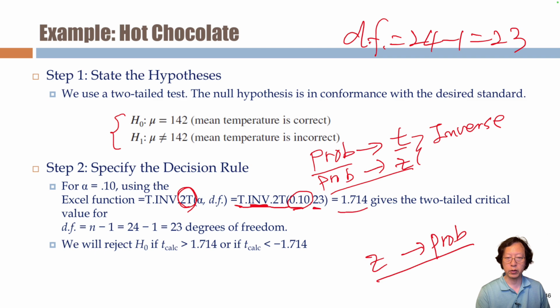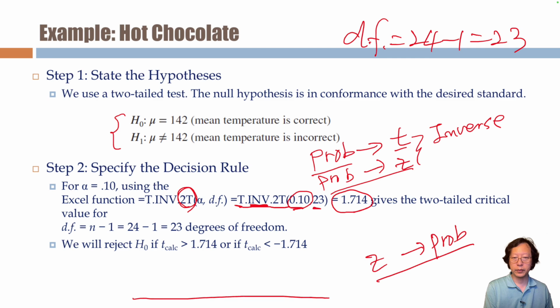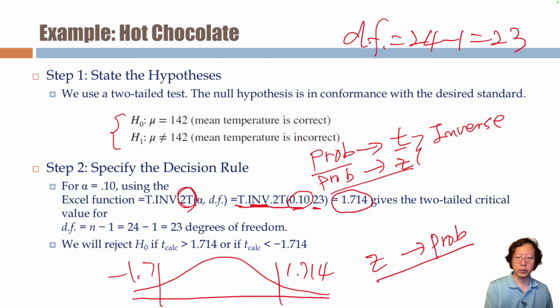Then you can calculate the t, which is 1.714, and that means in terms of t, this is 1.714 and this is minus 1.714. So if the t you calculate is greater than this number or smaller than this number, then it is a rarer case, and we're going to reject.